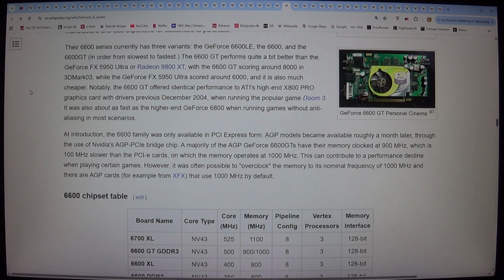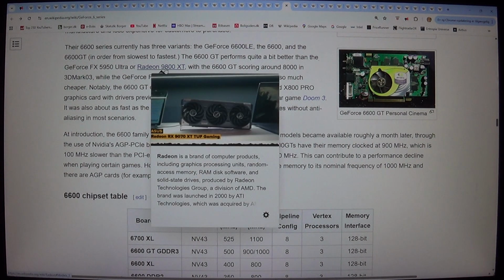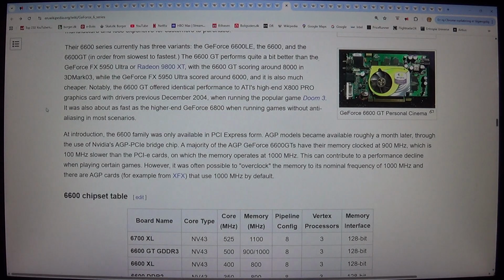The 6600 GT performs quite a bit better than the GeForce FX 5950 Ultra or Radeon 9800 XT, with the 6600 GT scoring around 8000 in 3DMark03, while the GeForce FX 5950 Ultra scored around 6000, and it is also much cheaper.